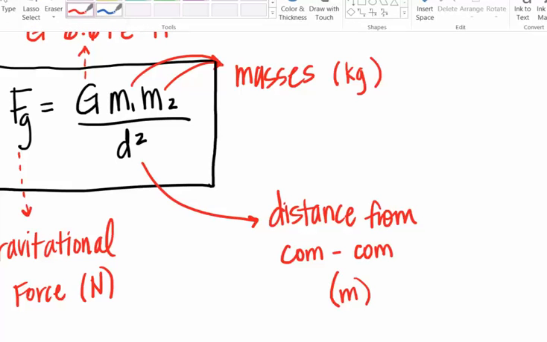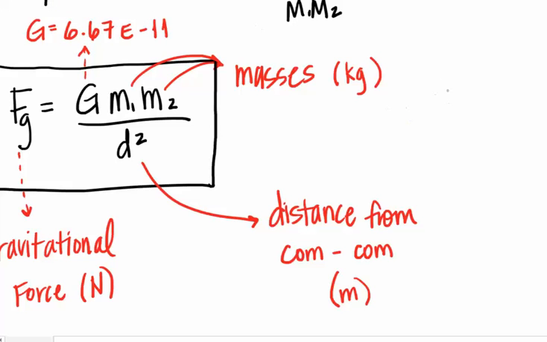So when you're going to do a unit check, you can write, all right, so newtons would be equal to whatever our G is, times kilograms times kilograms, which is kilograms squared, over distance, which would be in meters squared.